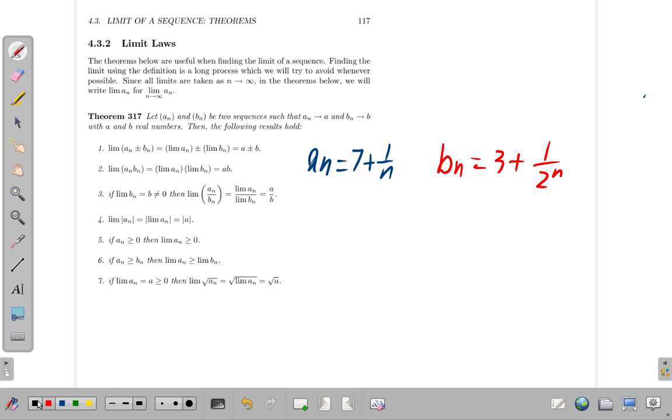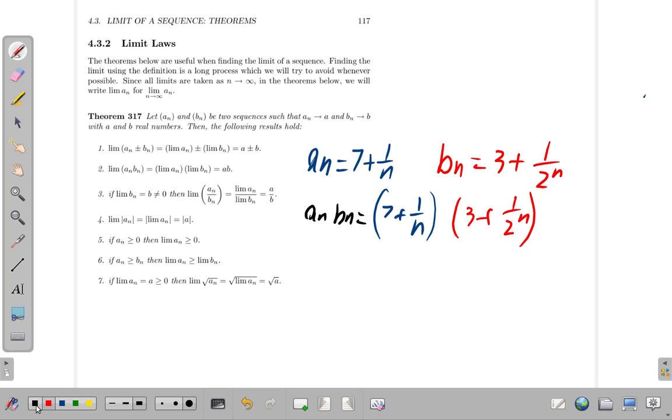Now, let us multiply the two of them and see what happens. We have an bn equal to 7 plus 1 over n multiplied by 3 plus 1 over 2 to the n.